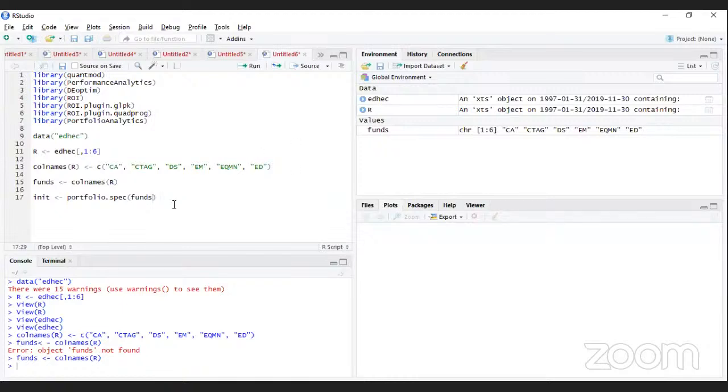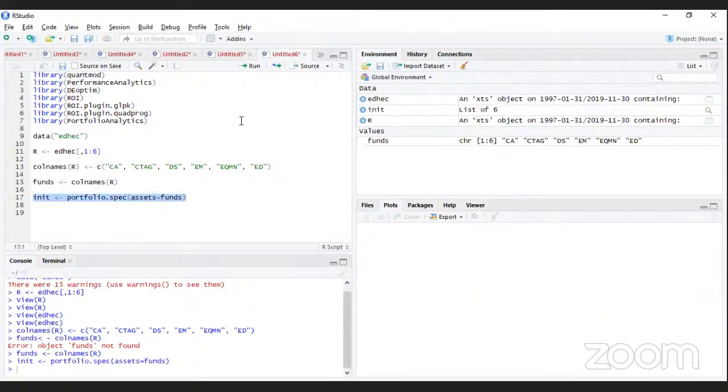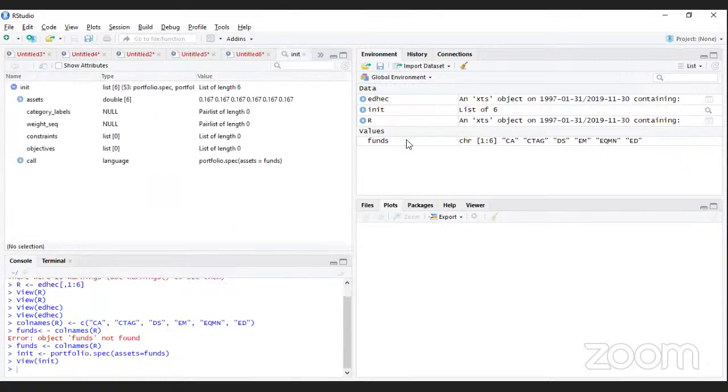Funds is basically a variable which is storing column names. And we'll have to give assets to funds. Initialize. So basically, it has given a default weight, the same weight, to each one of my assets. If you will see the portfolio spec.